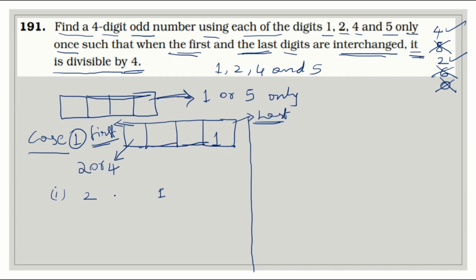That means it can be 2451 or 2541. Similarly, with 4 in the thousands place and 1 in the units place, the possible numbers are 4251 and 4521.